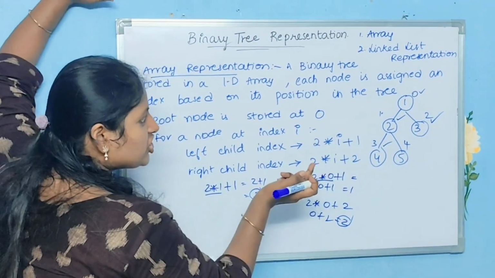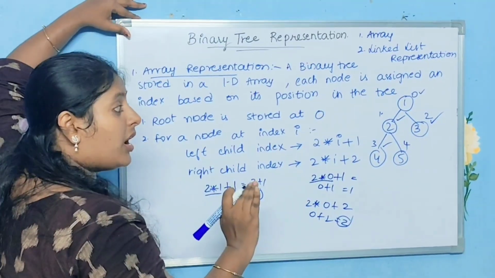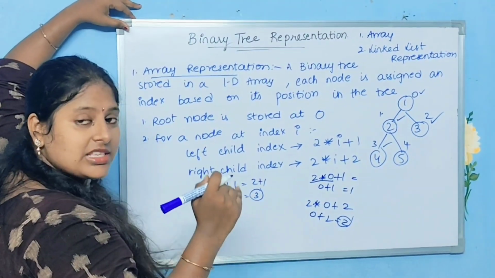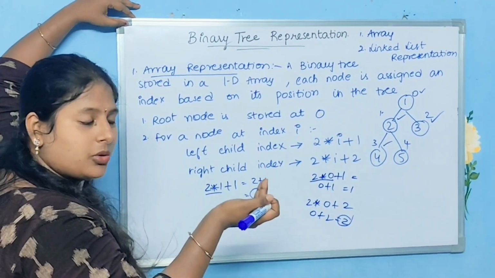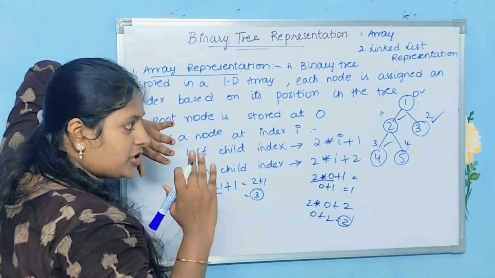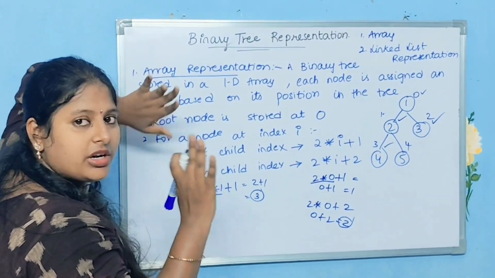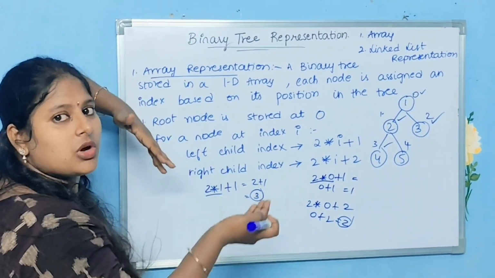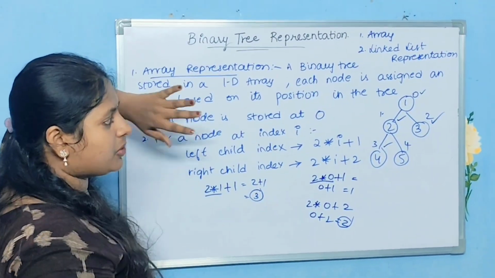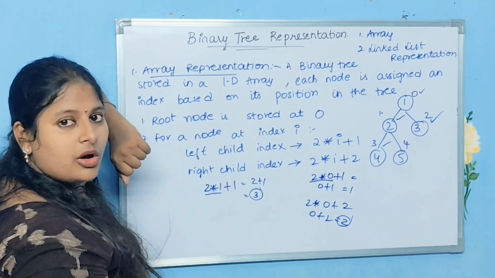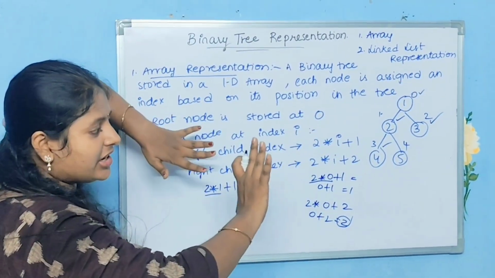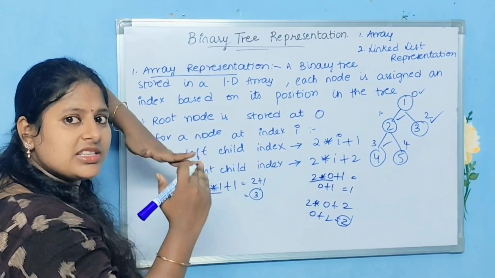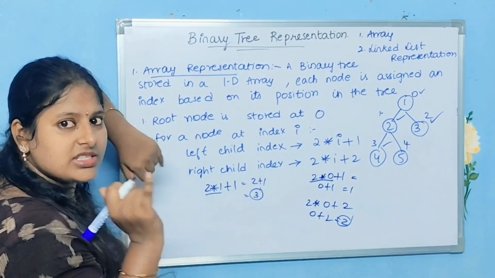And what is the right child? At what index, if there is a right side node, would it be? Suppose there is 3. If 3 does not have any child node, then it is called a leaf node. Suppose it has nodes, but they are not placed yet. I want to know, if there is a right child to 3, what is the index?